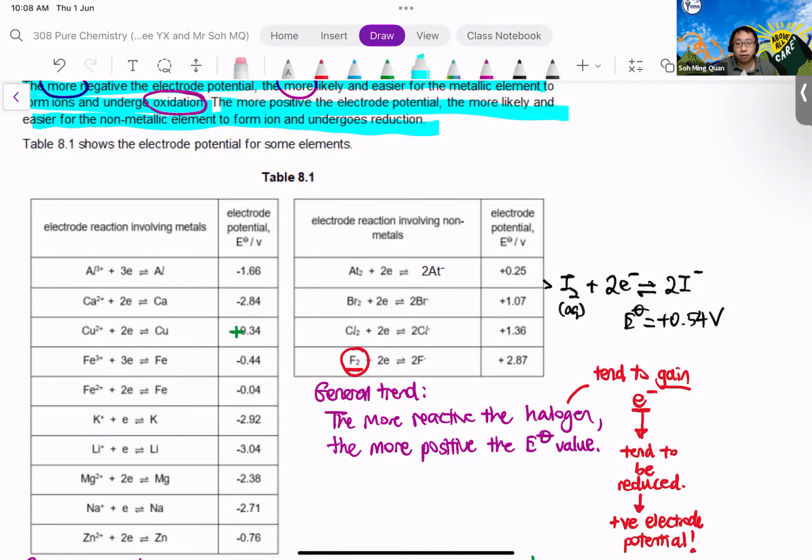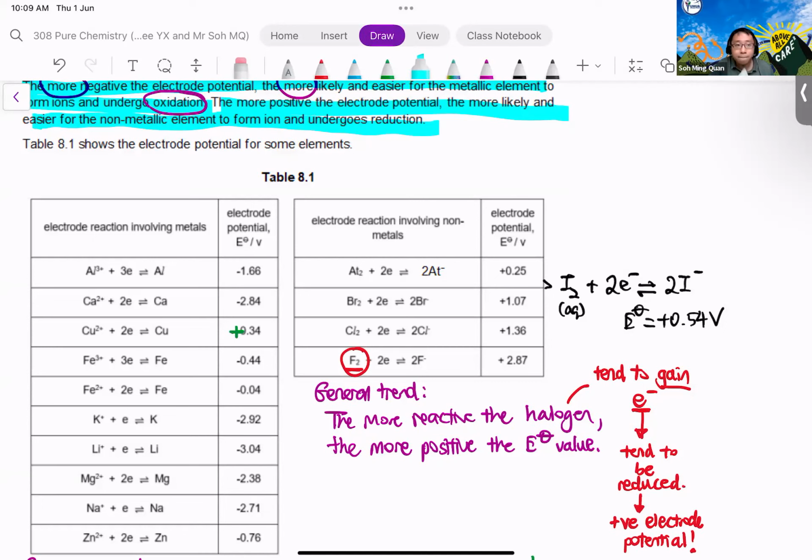So iodine, where is it in group 7? Is it more reactive or less reactive? Well, we have learned group 7 in the periodic table. Group 7 reactivity decreases down the group. So fluorine on top, most reactive. Astatine, least reactive. So iodine is in between bromine and astatine.